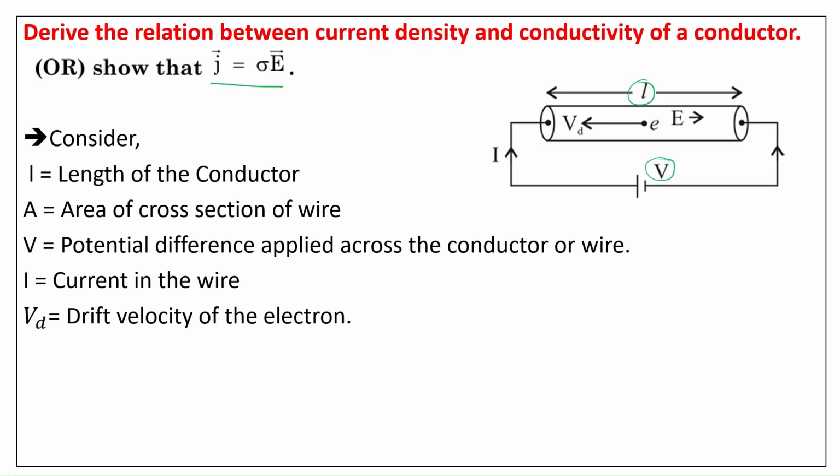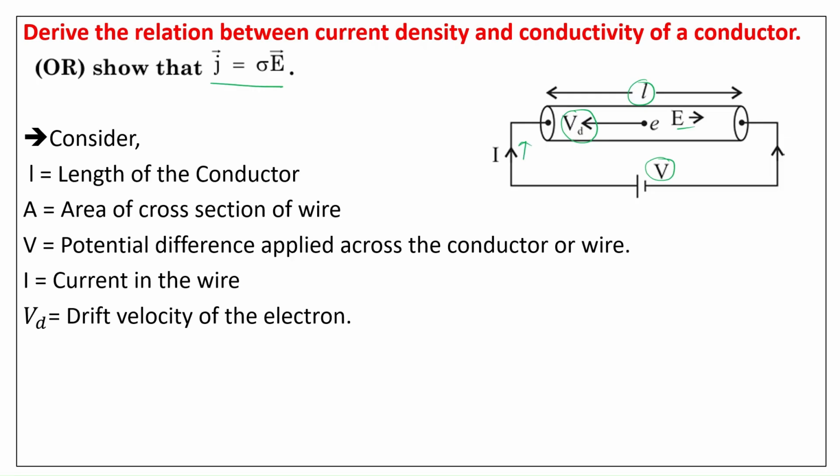When a potential difference is applied across the ends of the conductor, an electric field E will be set up in the conductor. Due to this electric field, the electron drifts with a velocity Vd in direction opposite to the direction of electric field.